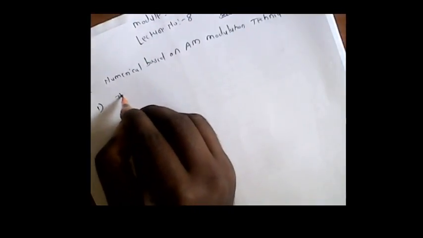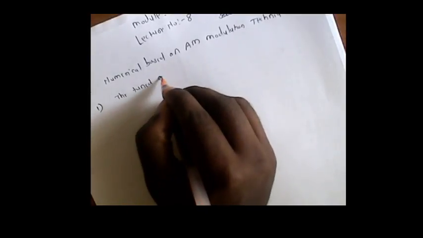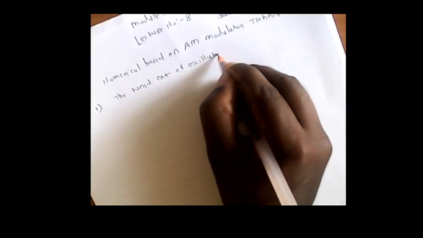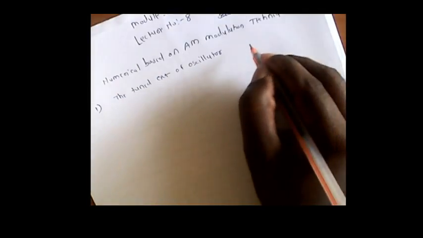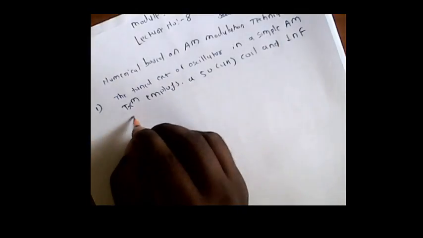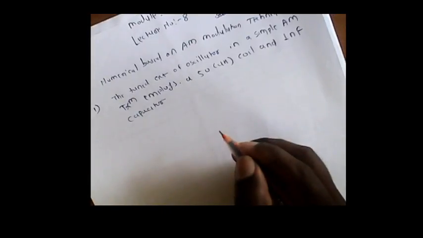The tuned circuit of the oscillator in a simple AM transmitter employs a 50 microhenry coil and a 1 nanofarad capacitor.